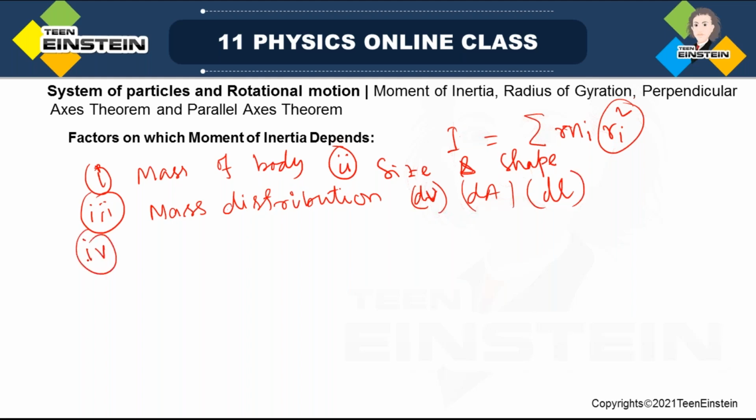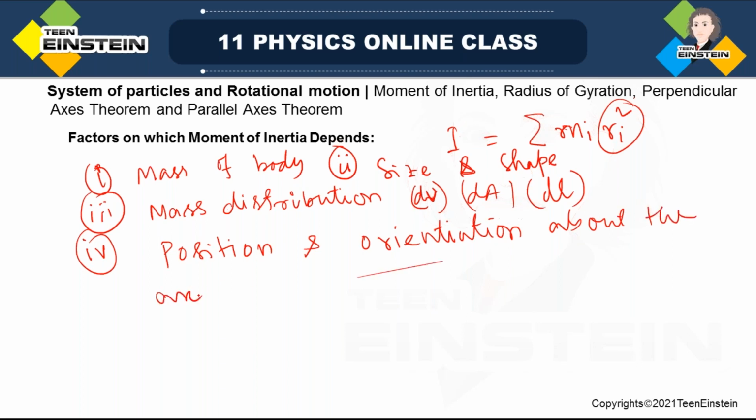And then the fourth factor is the position and orientation of the mass about the axis of rotation. So these are a few factors on which moment of inertia depends.